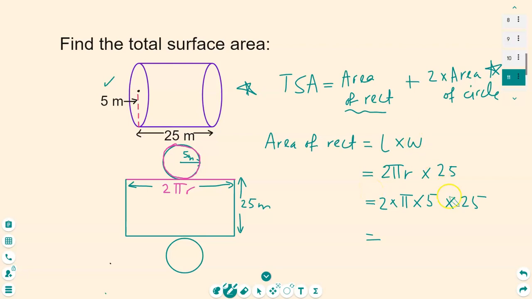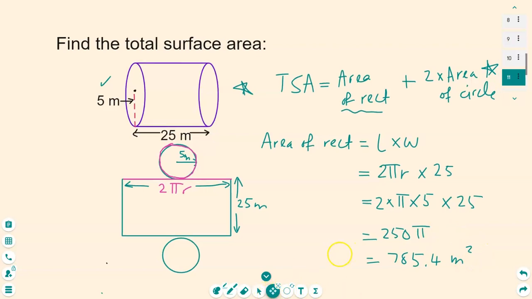And then we can simplify a little bit. 2 times 5 is 10, times 25 is 250. You can simplify it to that stage if you like, before inputting it to your calculator. Saves a little bit of time. And the answer is 785.4 meters squared.